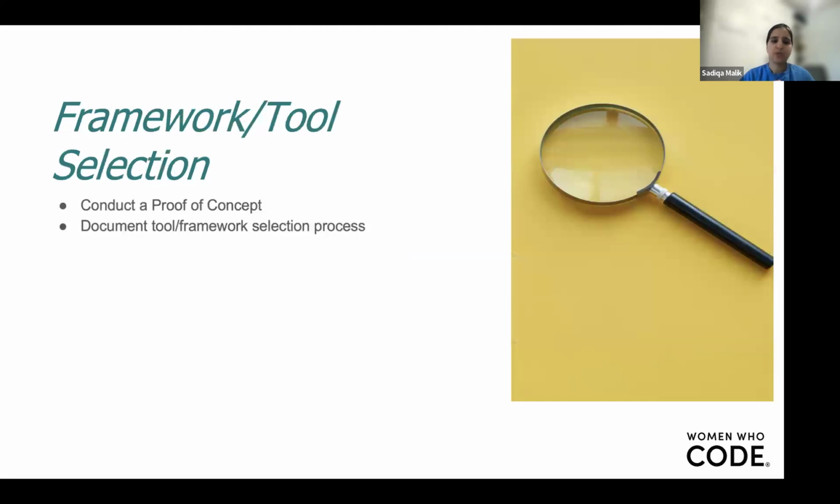So now that we've talked about framework and tool selection, right? You have looked at the tool, you've read the reviews of the tool, you've understood how the tool works. But before you finalize the tool or the framework for your automation process, make sure you conduct a proof of concept, right? Take a couple of scripts, 2, 3 test cases, maybe high priority or very commonly used test cases, and then try to automate them using the tool that you have.